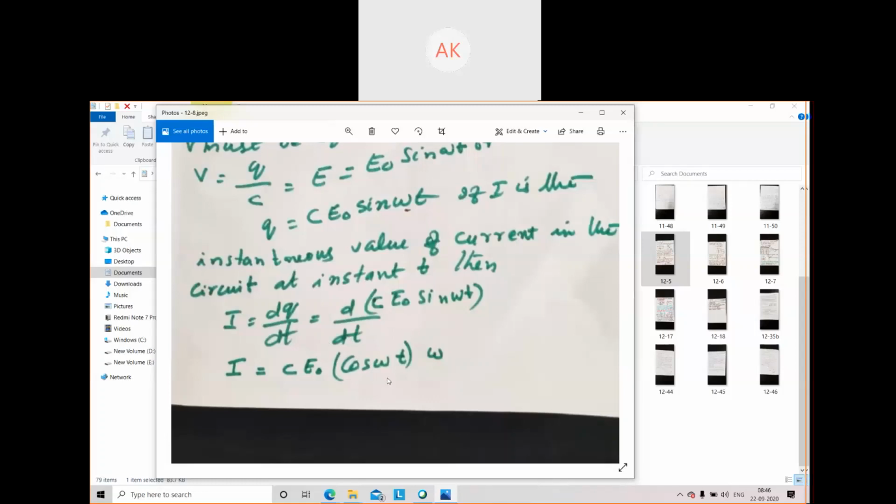Differentiation you already studied in maths, so it is very easy now. C is constant. E0, the peak value, is taken as constant. E0 is taken outside. Peak value means maximum value, that will not vary, that is constant. So we need d by dt of sin omega t. You already know that is cos omega t into omega.